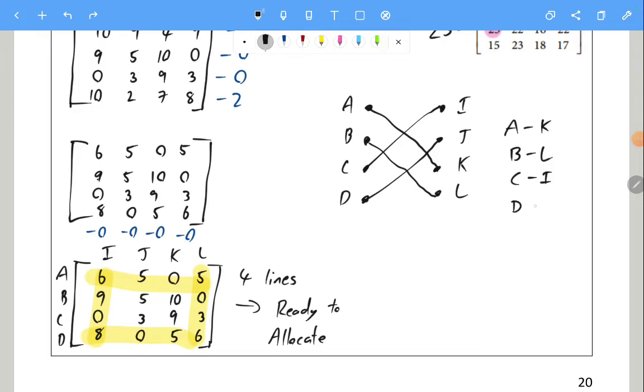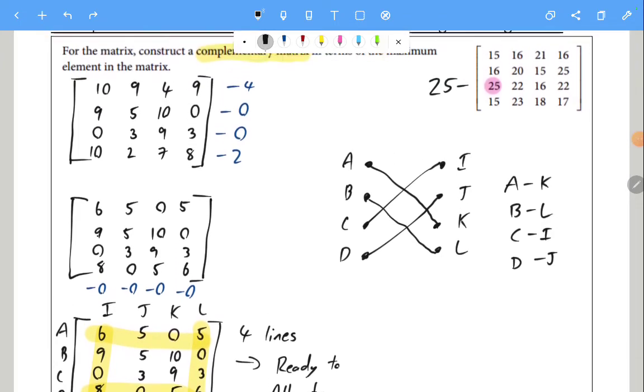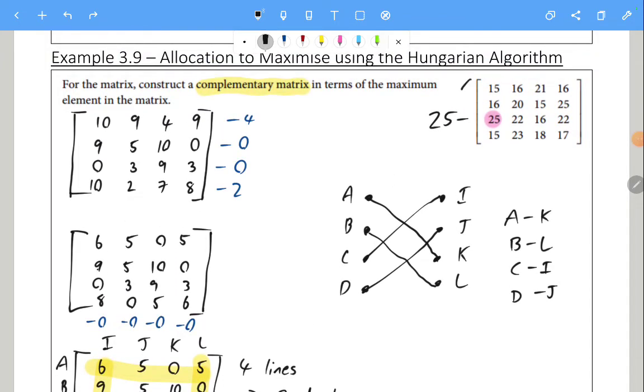Which then, if we go back to the original table, A, B, C, D, I, J, K, L, you can see the maximum cost, because remember the whole point of this is to turn a minimum into a maximum problem, is going to be 21, 25, 25, and 23.